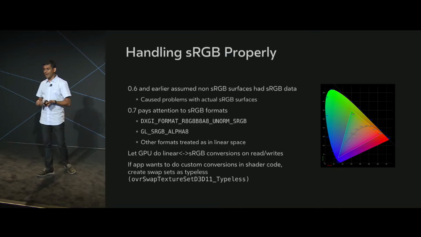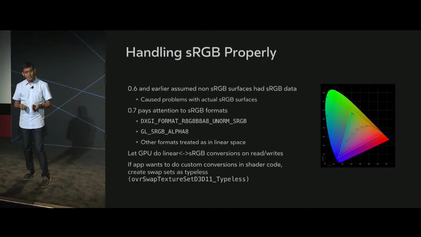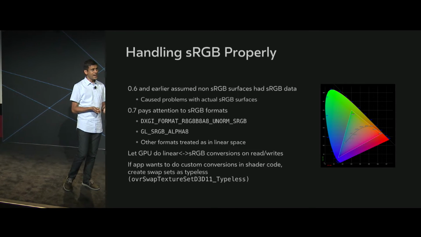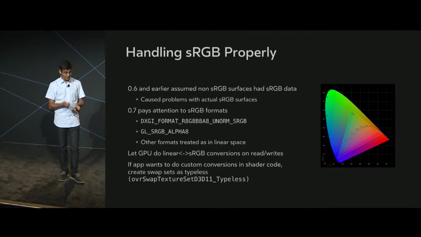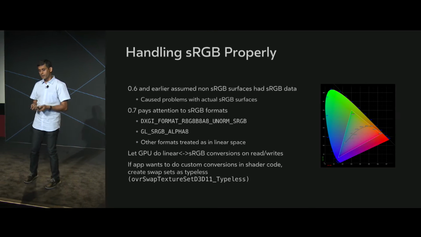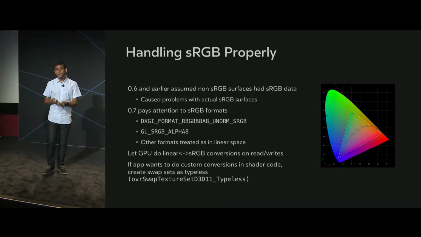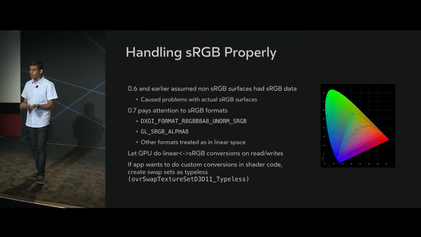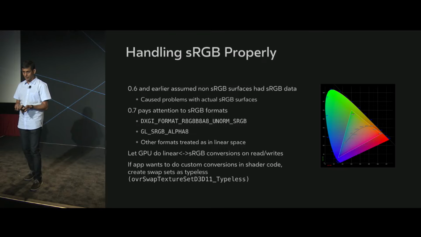If you have an app that has some need to do custom color space conversion, then we have this option to create our texture swap sets as typeless. What this lets us do is make sure that that texture appears as sRGB to our compositor, so it knows that the values of the resource are in sRGB space.